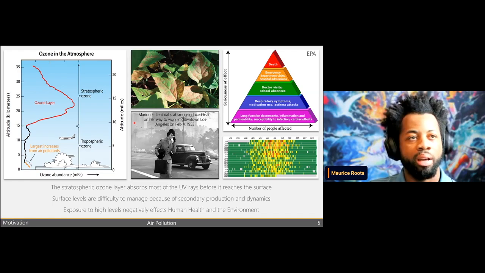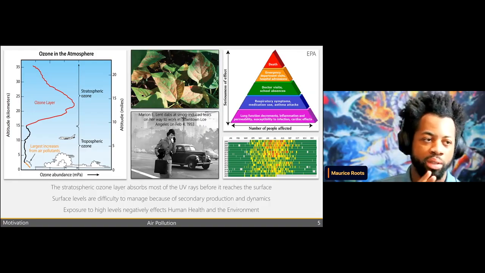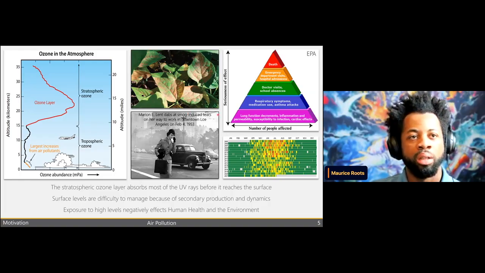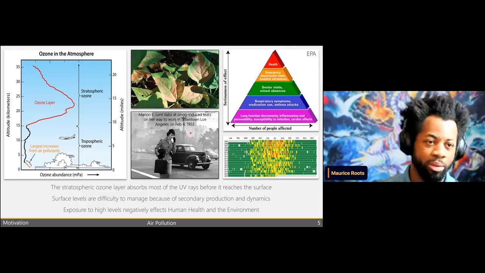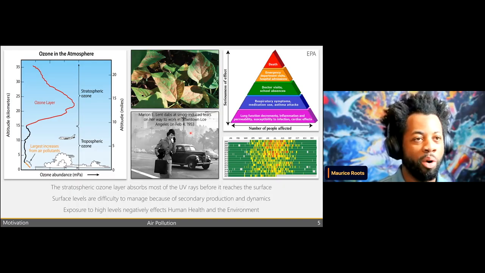It's showing you how ozone can degrade plants, leading to agriculture and a lot of losses in terms of economic value and food production. And this one in the middle takes it all the way back to why air quality and the EPA were formed in the first place.